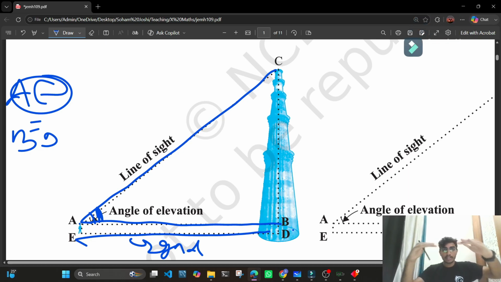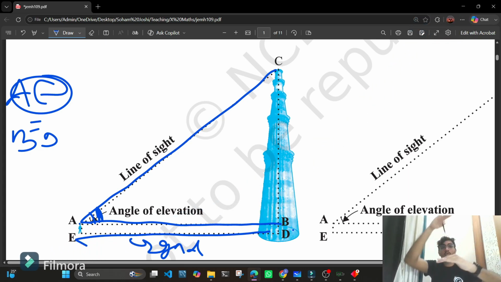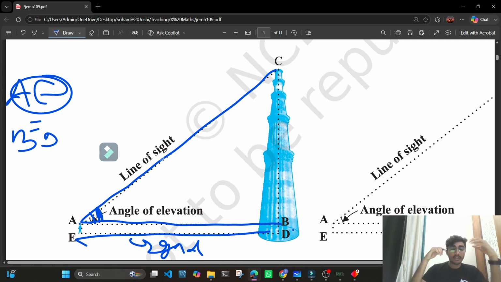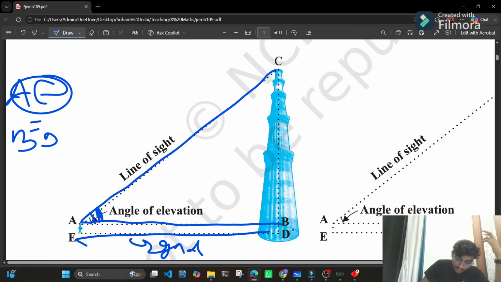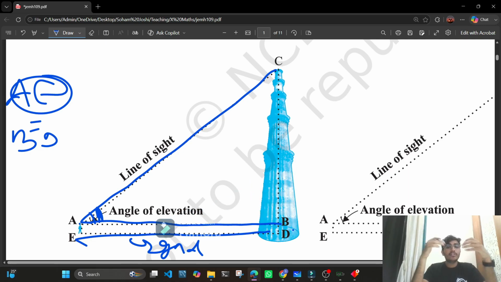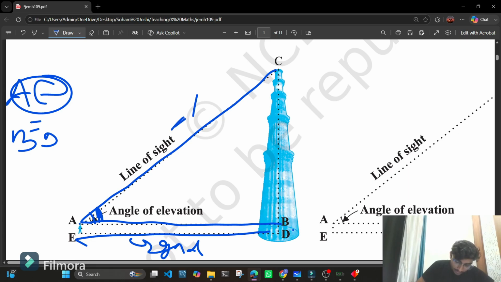If I'm looking into the camera, that is the ground level, and if I look up in the sky, a certain angle is made, known as the angle of elevation. The line followed by my eyes is known as the line of sight. So AC over here is the line of sight, or it is also known as the hypotenuse.